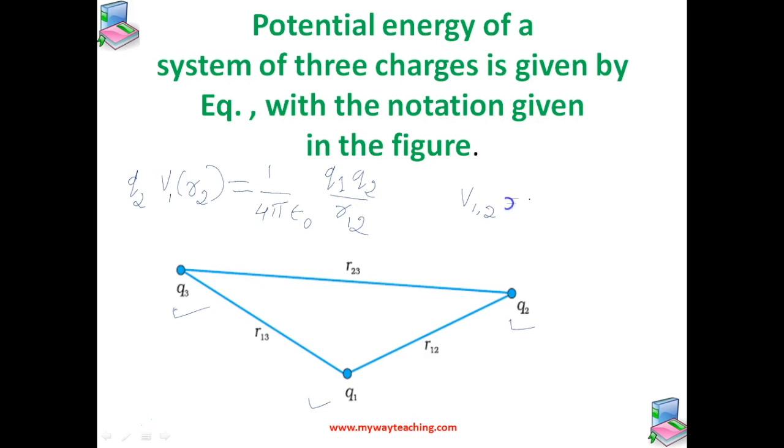The charges Q1 and Q2 produce a potential at any point P given by V12 is equal to 1 by 4 pi epsilon naught, Q1 by R1P plus Q2 by R2P, isn't it? So work done next in bringing Q3 from infinity to point R3 is Q3 times V12 at R3.